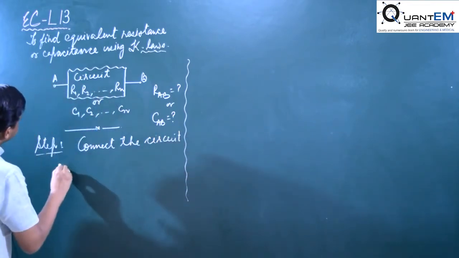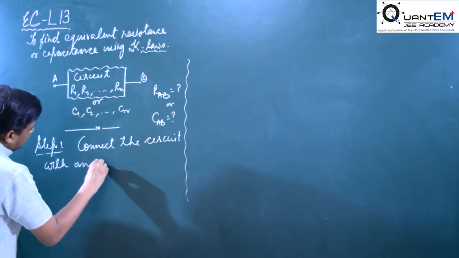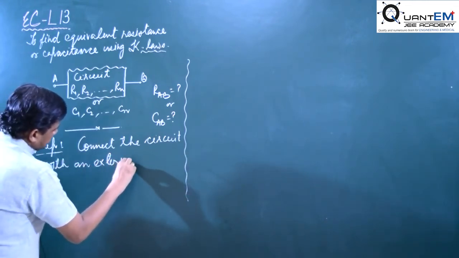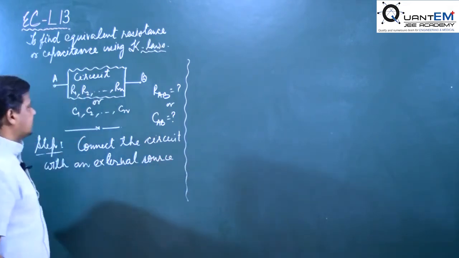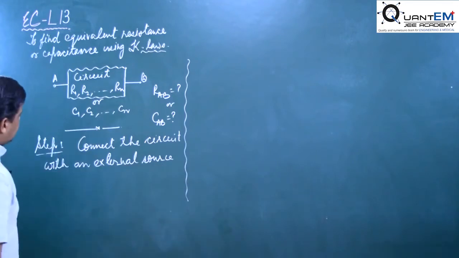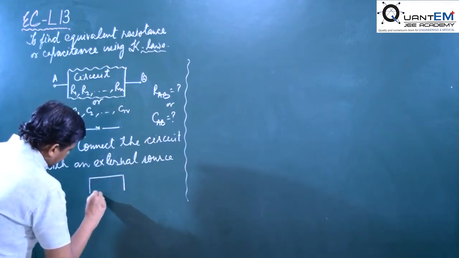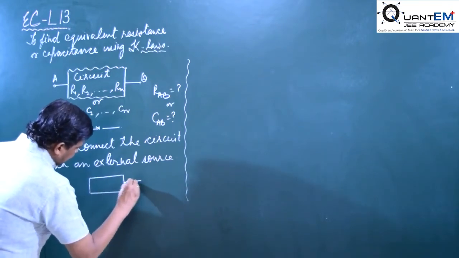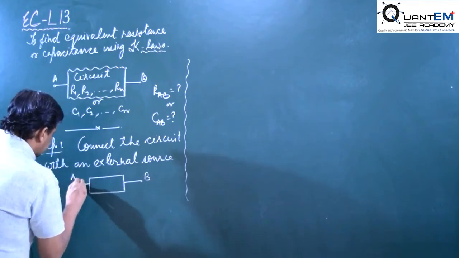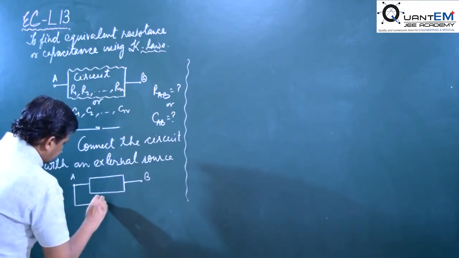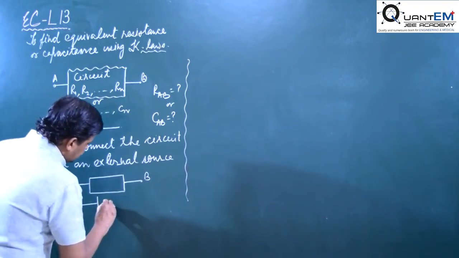You connect this circuit with an external source. Like this one is the circuit having a number of resistors or a number of capacitors, and these are terminals. Now these terminals are connected with an external source of given potential. That given potential is suppose V.